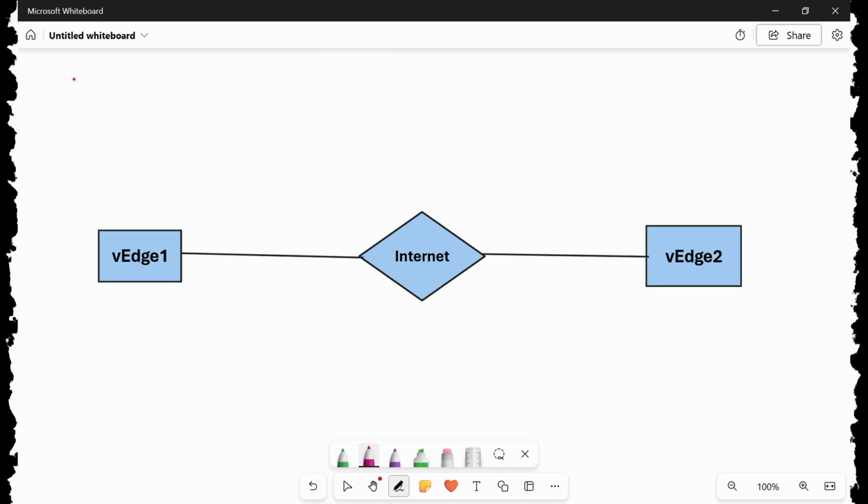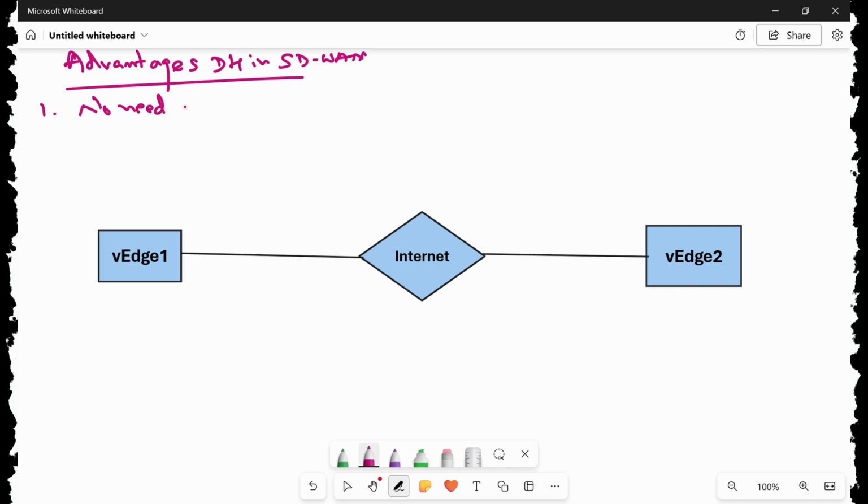So the other thing is, what are the advantages of using DH in Cisco SD-WAN. The first one is there is no need of pre-shared keys.